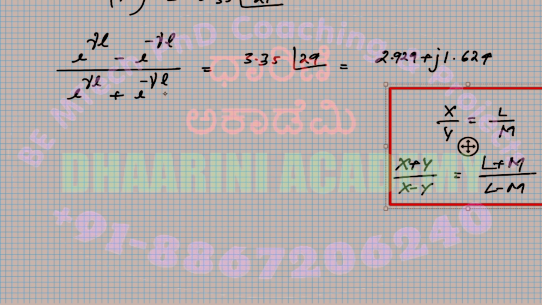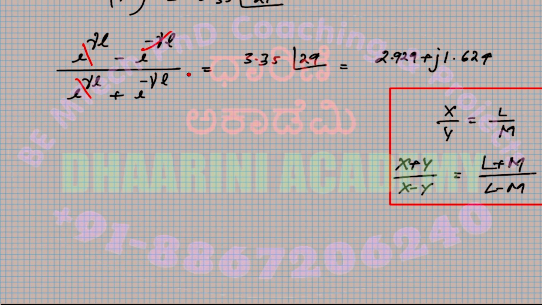So if I do the denominator minus numerator, what happens? This is going to get cancelled. This will cancel, and this gets added up. So they'll add, and the minus this will be 2 times.